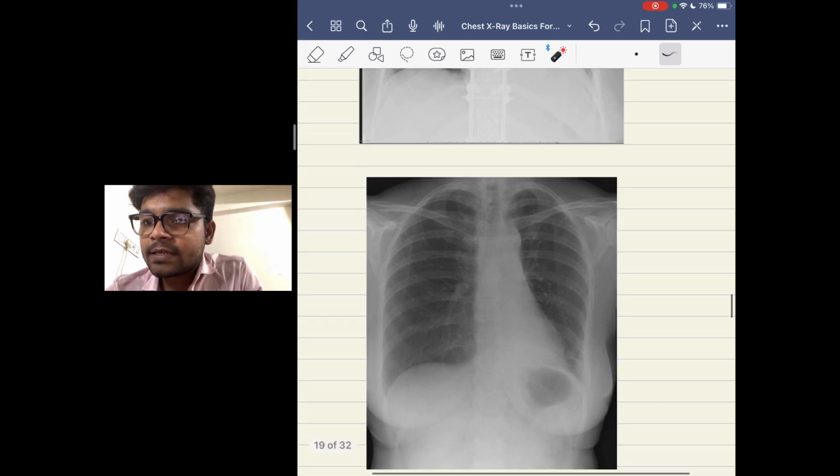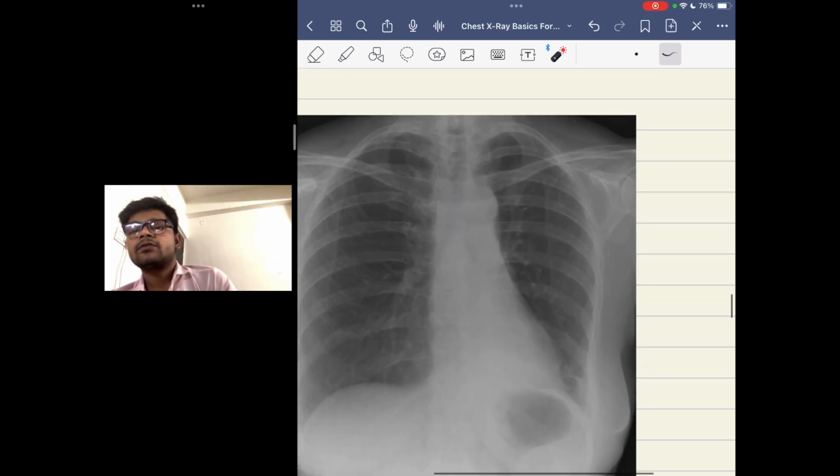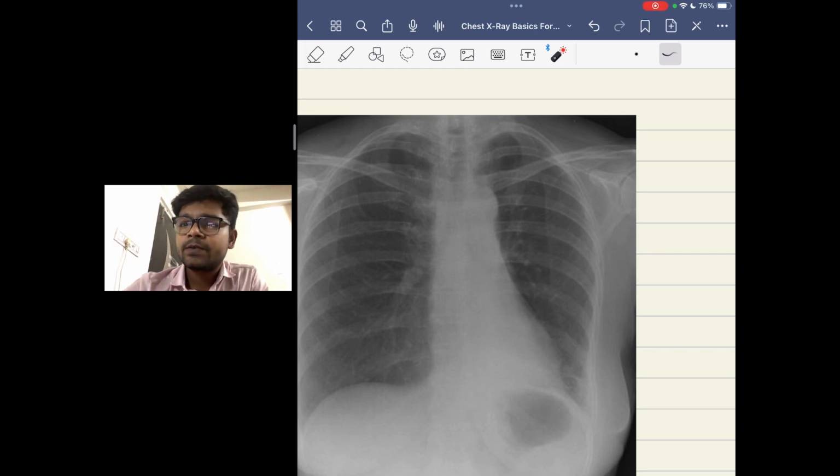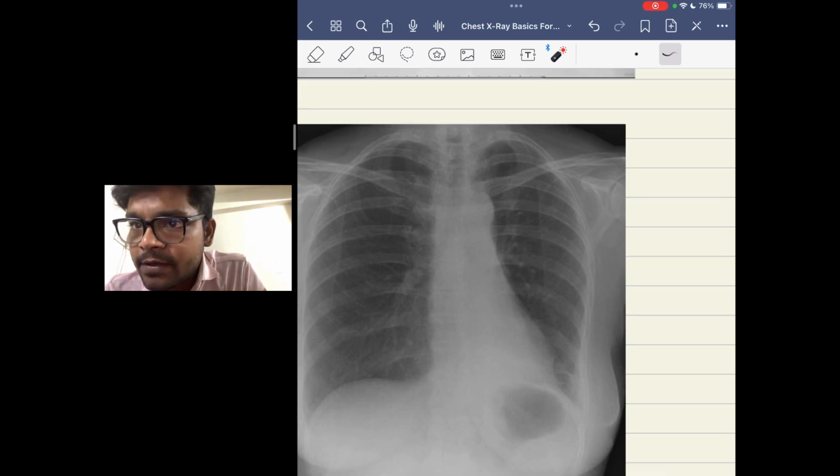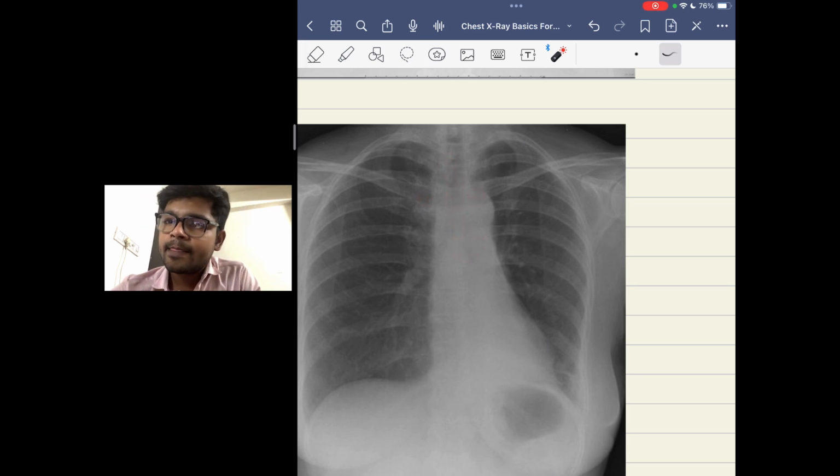So another X-ray of again collapse. Which lobe? You can pause this video and try guessing that yourself. The trachea is somewhat pulled, because the spine is in the midline, but the trachea is pulled to this side. Definitely there is volume loss. Where is the diaphragm border?